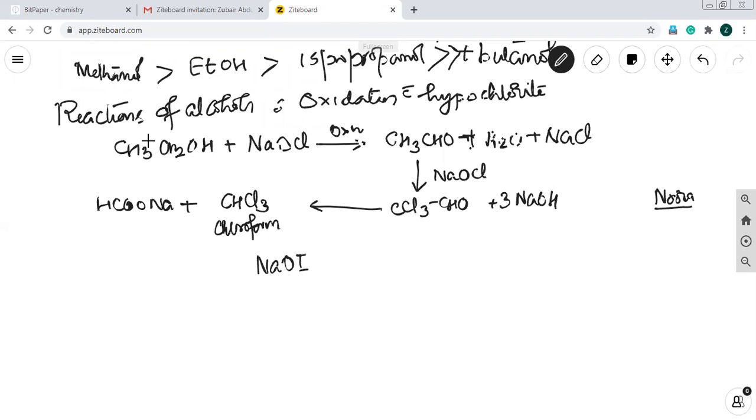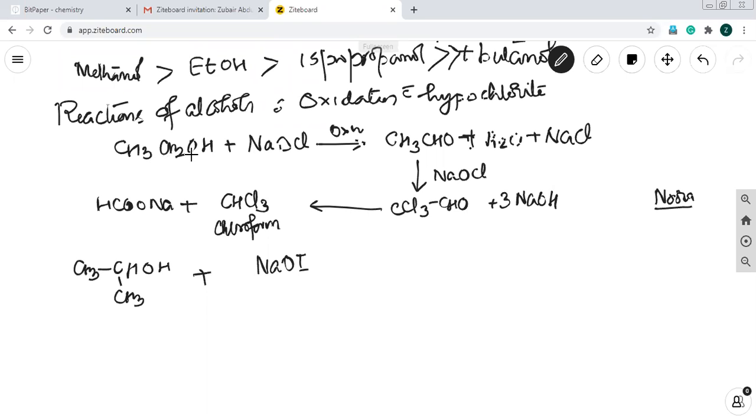And instead of this alcohol, take a little bit different alcohol, isopropanol, CH3CHOHCH3. What do you get?